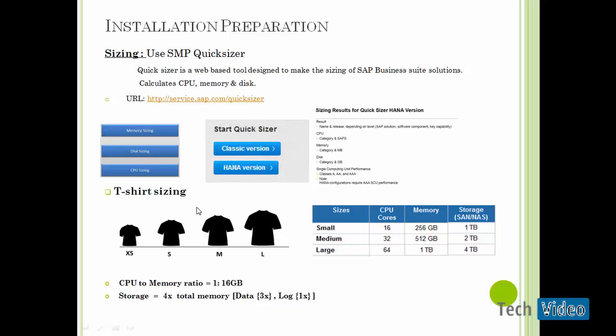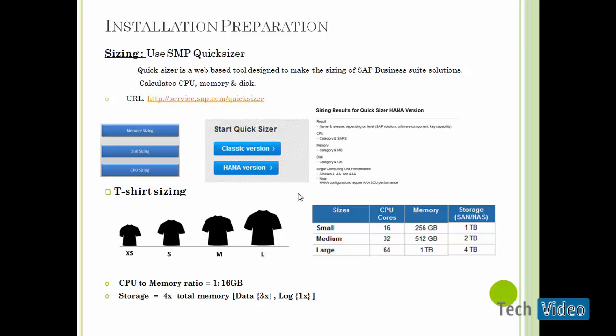And moving on, SAP has designed a concept called t-shirt sizing, where for different levels of implementation or different scenarios, different t-shirt sizes are used, ranging from XS to large. Different combinations of the number of CPUs, the amount of main memory and the amount of disk size are decided upon and can be leveraged whenever a HANA implementation has to be done.